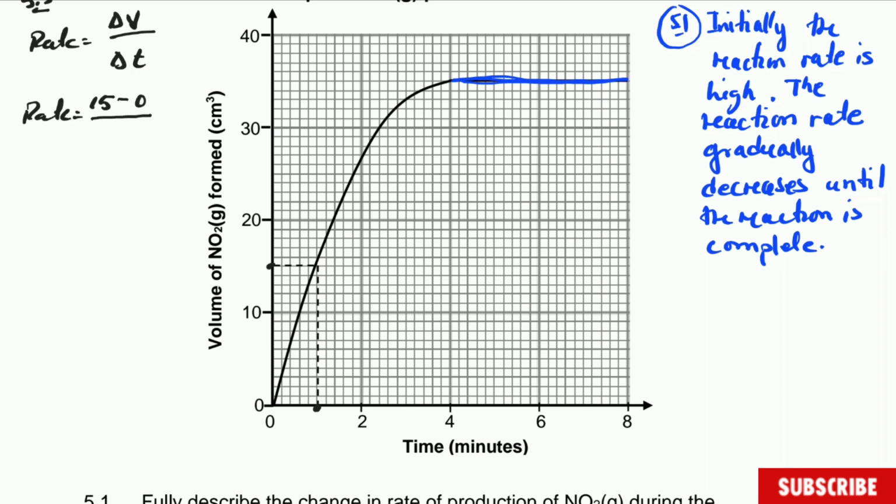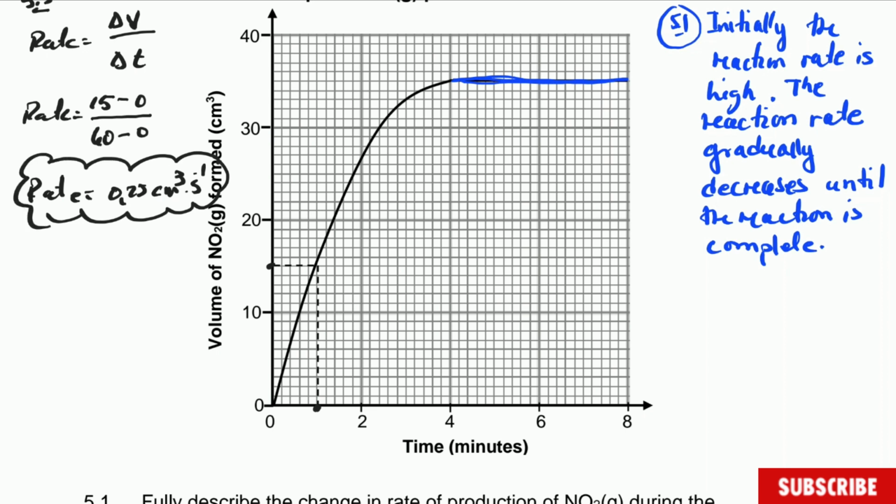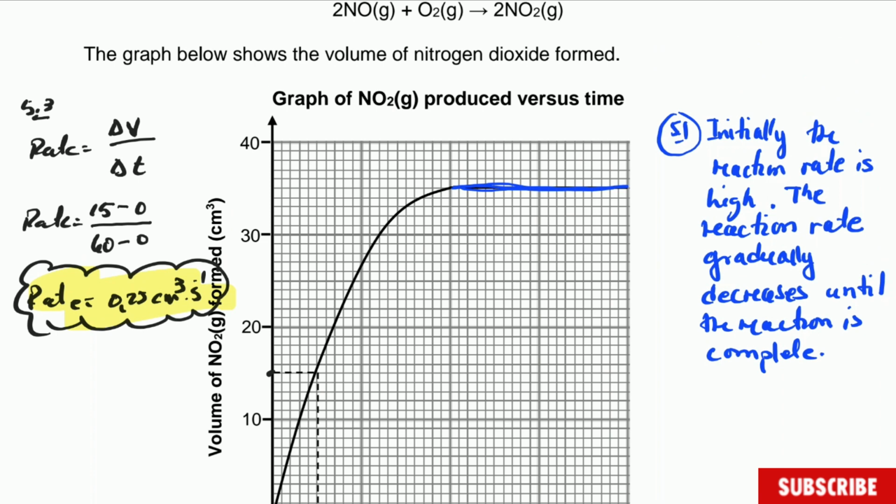The time was 1 minute, but they wanted you in seconds, not in minutes. It's 60 minus 0. And then the rate is equal to 0.25 cubic centimeters per second. This is the answer for the rate that they want you to calculate in that question. Very simple. That is question 5.3.